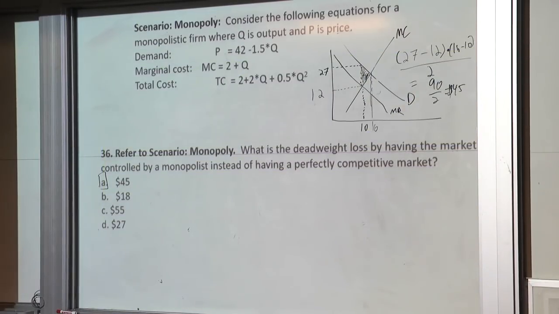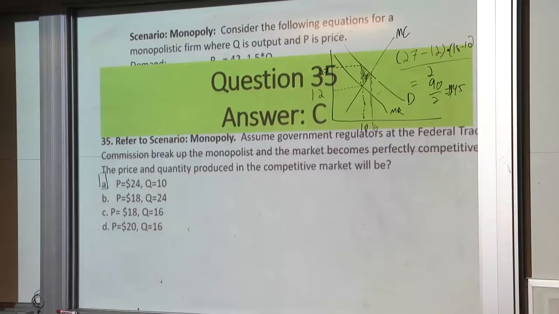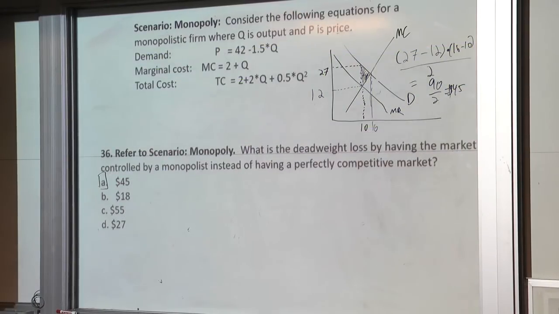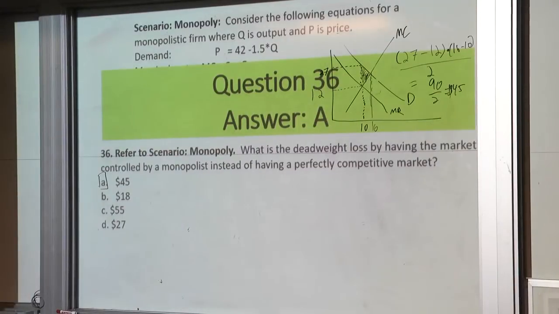The 16 came from the previous question where we solved that the optimal quantity in perfect competition would have been 16, or where the marginal cost equals the demand curve. But if we got the 16, why don't we take the price that's equal?